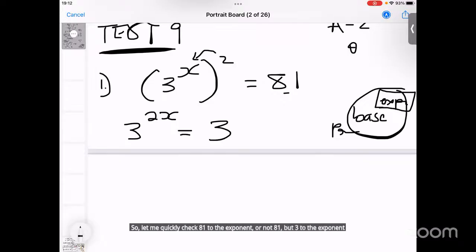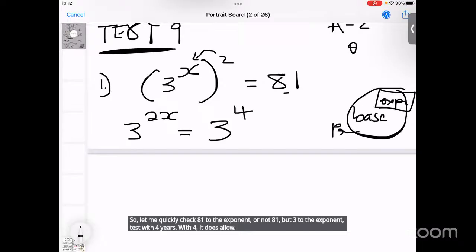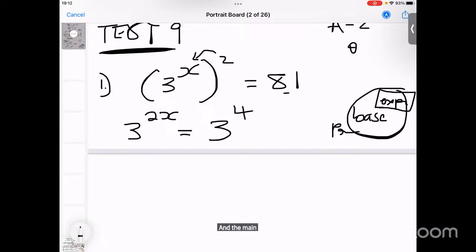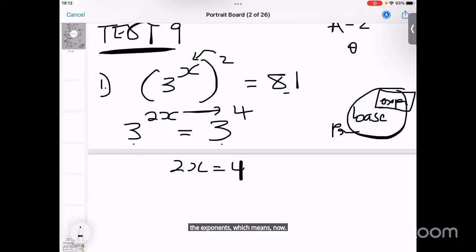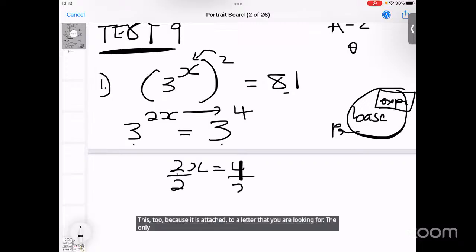Test with 4. Yes, with 4 it does allow. The main aim here is just to have the same bases, which will fall away and then equate the exponents, which means now this is what you are having. You need to detach this 2 because it is attached to a letter that you are looking for. The only way to detach is to divide by exactly that, so that it cancels, and then you've got your letter there being equals to that. And that should be the end of it.